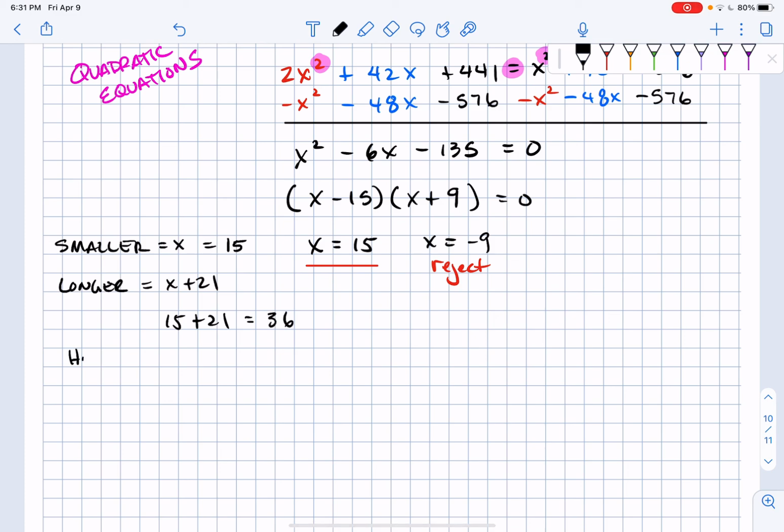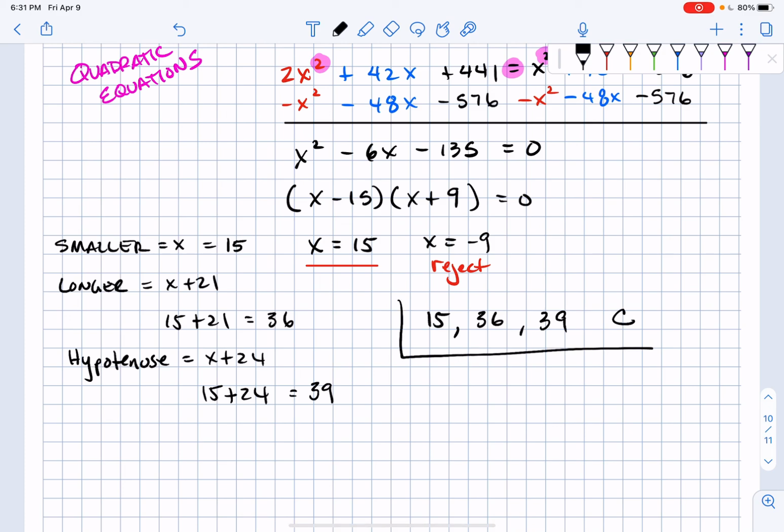And the hypotenuse is equal to x plus 24, so that's going to be 15 plus 24, which is going to equal 39. So I have 15, 36, 39 as my three sides. So that is going to be choice C.